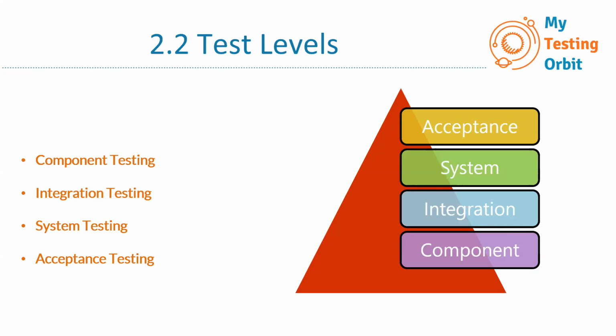This diagram is in a pyramid shape because component testing has the wider part at the bottom, and as we go up the pyramid it becomes narrower and narrower. The idea of performing testing according to these test levels is that you start with a very solid base.